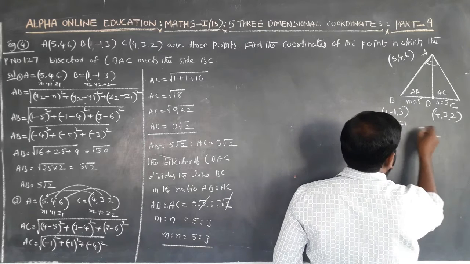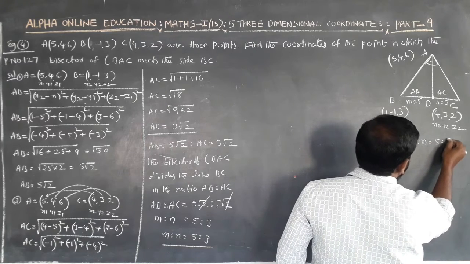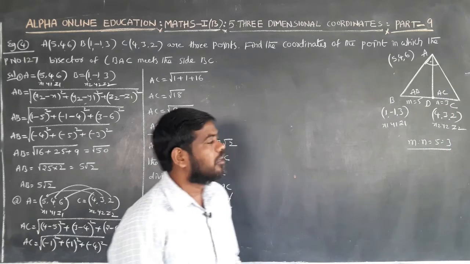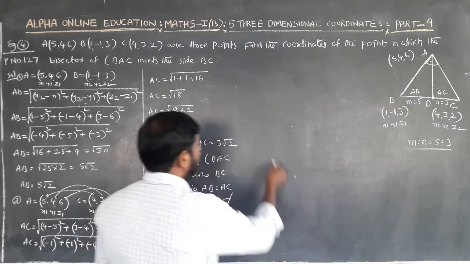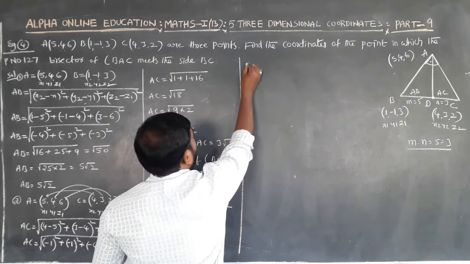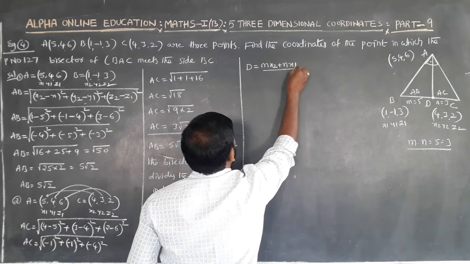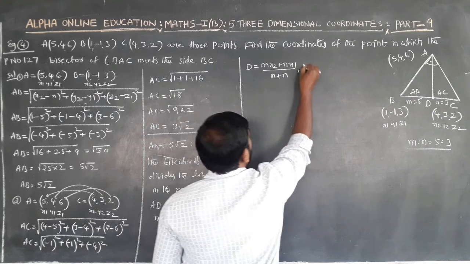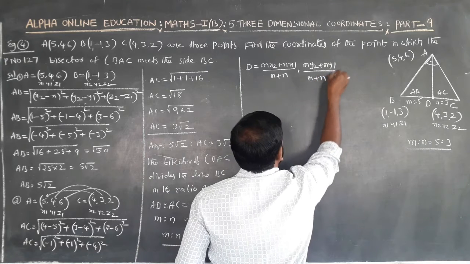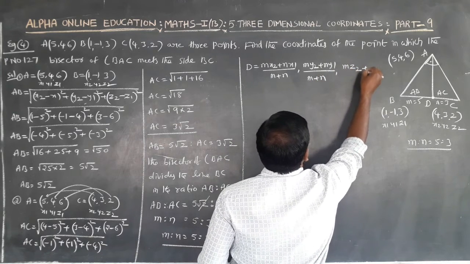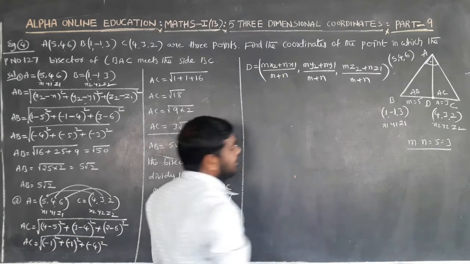Let B be the point (x1, y1, z1) and C the point (x2, y2, z2). Here D divides the line segment BC in the ratio M is to N. Therefore, the coordinates of the point D are (mx2 plus nx1) by (m plus n), comma, (my2 plus ny1) by (m plus n), comma, (mz2 plus nz1) by (m plus n).